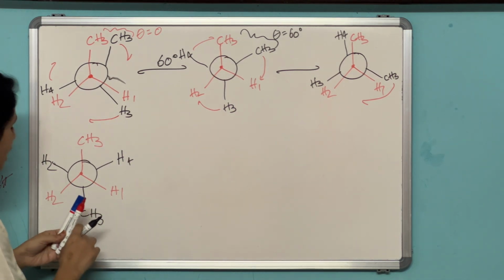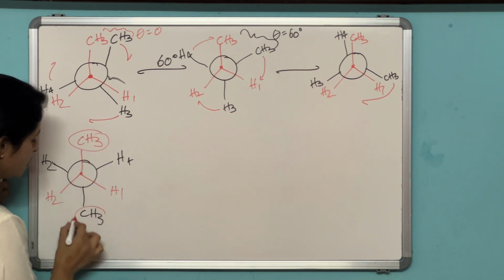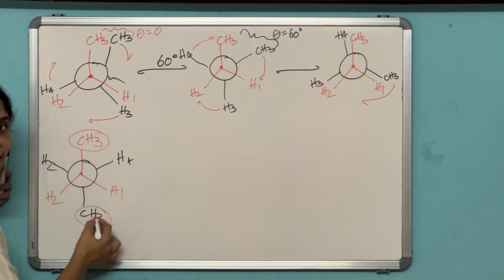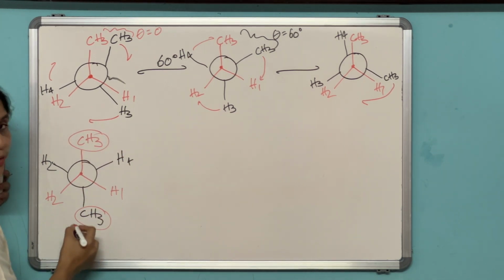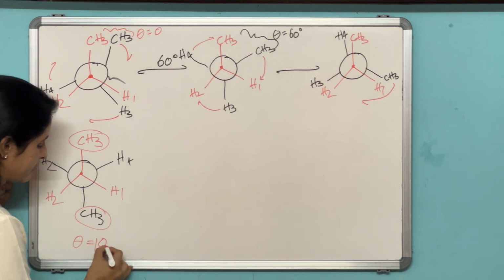Now if you look at the two methyl groups here, what is the dihedral angle between these two? It is 180 degrees.